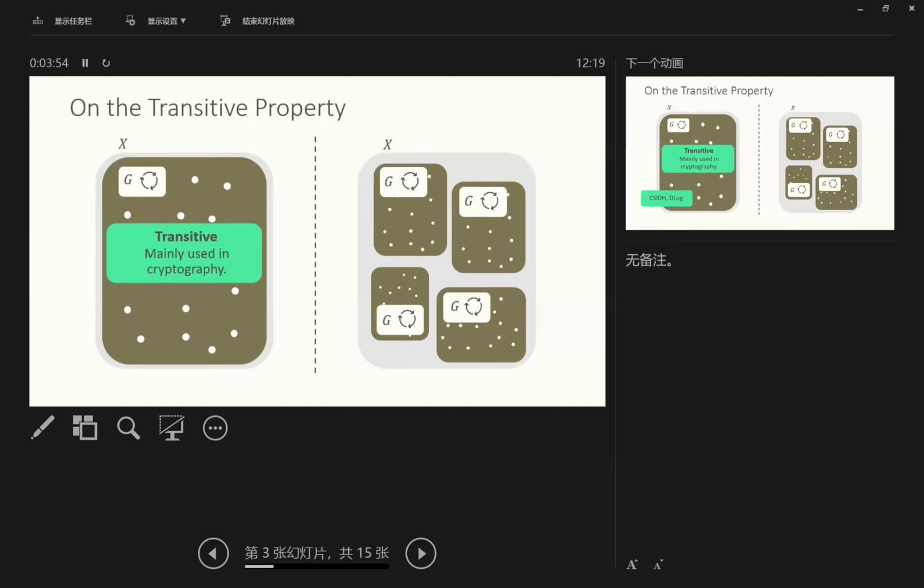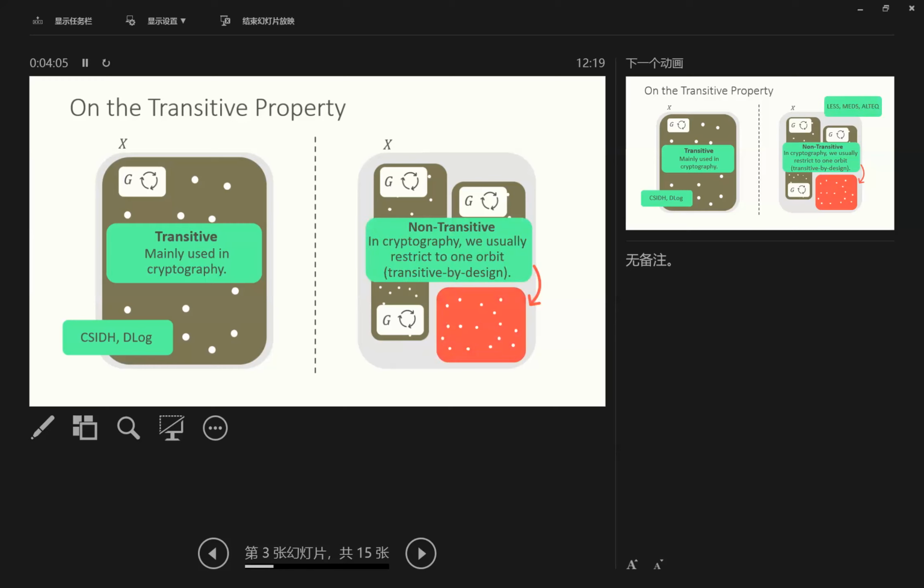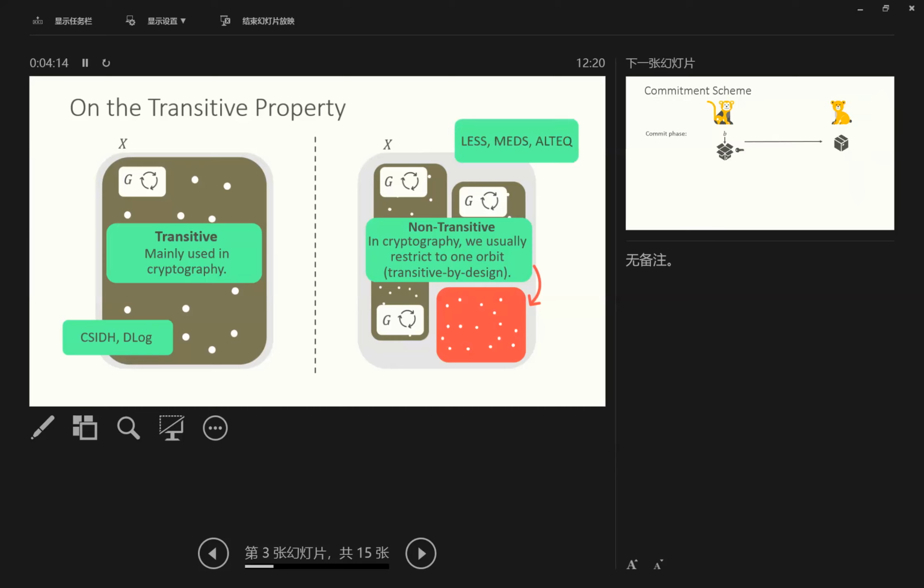In cryptography, we use mainly transitive actions, like CSIDH. Even if recently also non-transitive ones, in particular the one behind the new signature scheme LESS, but there we usually restrict the action to one orbit, so making the action transitive by itself.